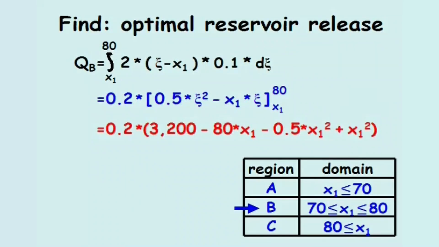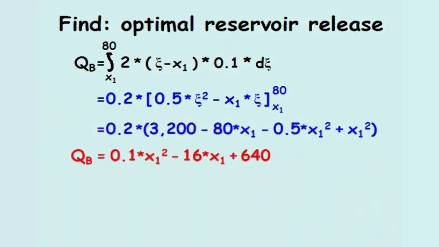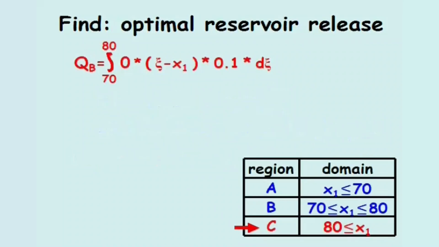The penalty in region B equals 0.1 times x1 squared minus 16 times x1 plus 640. Lastly, the penalty for region C is calculated and equals 0, because the surplus multiplier, Q minus, equals 0.